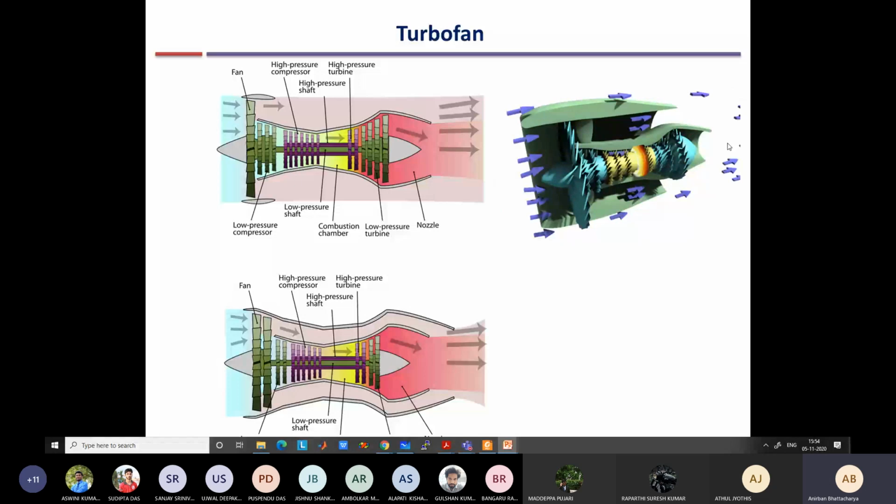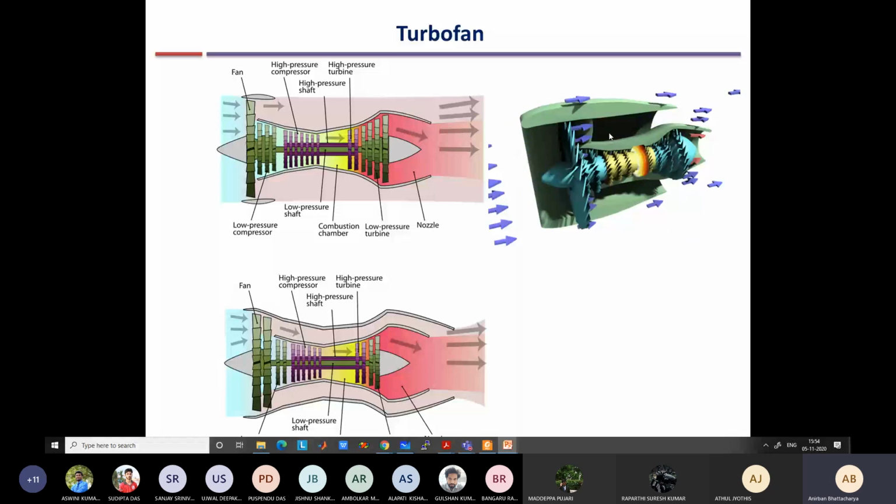Then there is another portion of the air which does not pass through the inner region, but just passes through the outer region. This air is accelerated only by this big fan, or a couple of fans, which accelerates the air to some velocity, say around 700, 800 km per hour. This fan also rotates at high velocity and accelerates the flow like a propeller.